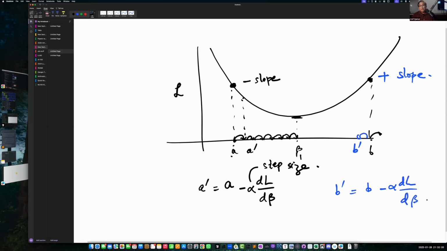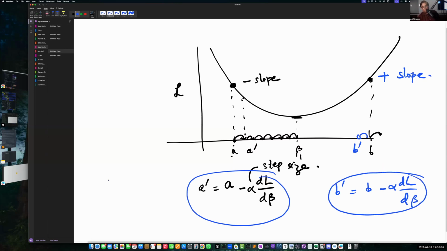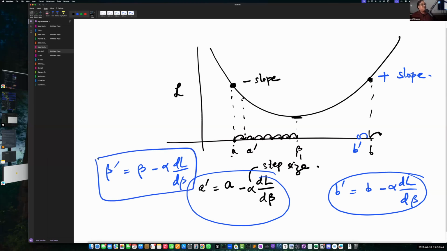So now you realize that if your guess is either too little or too much, the formula remains the same. A better value of beta, let me call it beta prime, is always the previous value of beta minus alpha dL/d beta. In single variable calculus, it's called the slope.